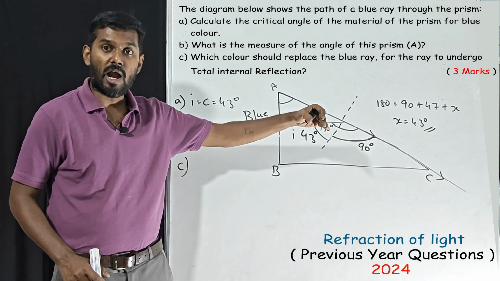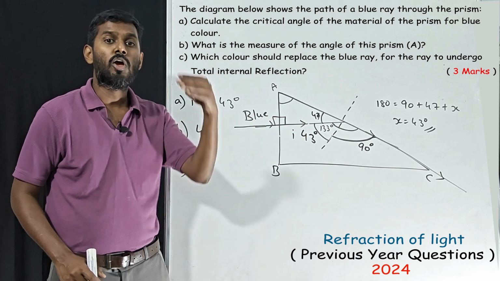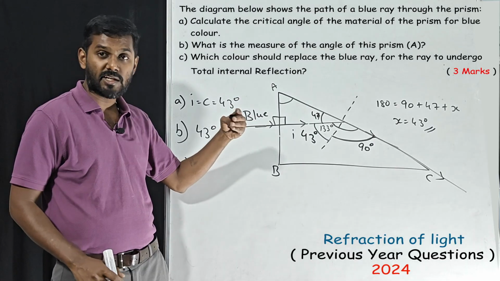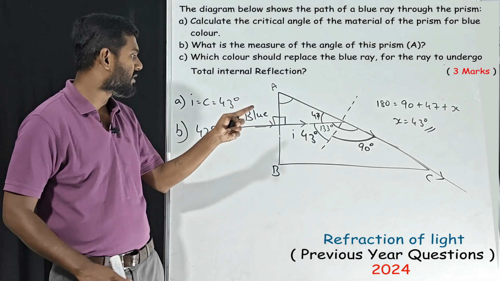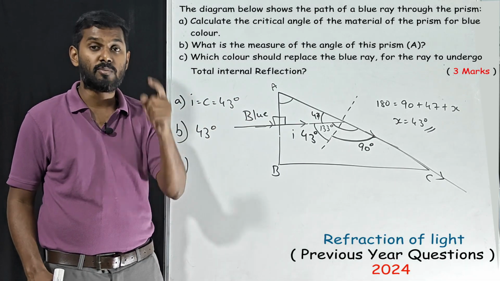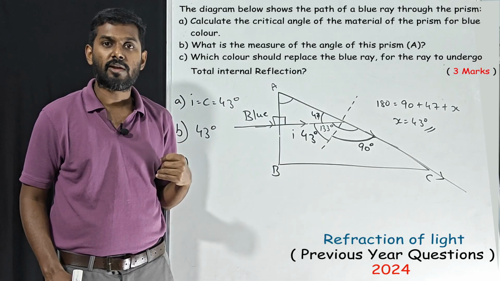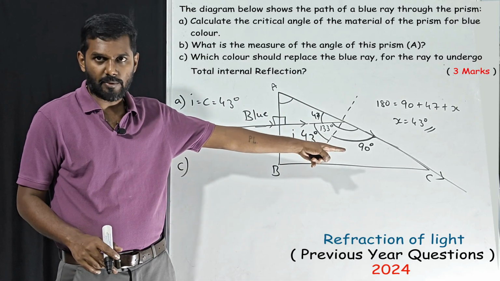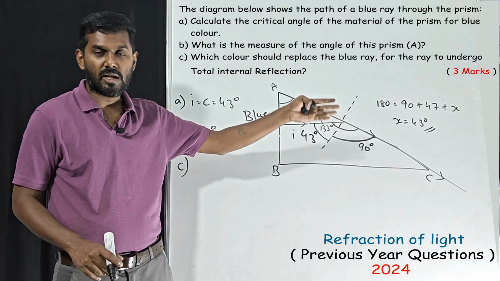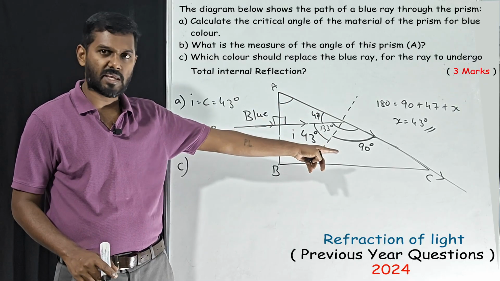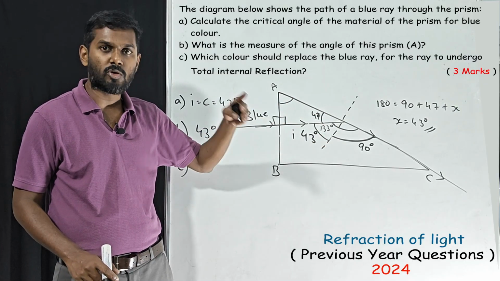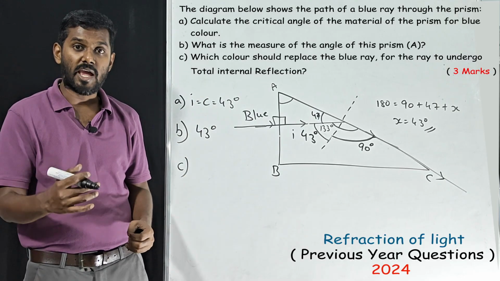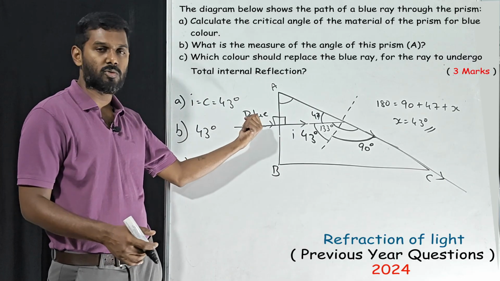In order to get total internal reflection, you should select the color which has lesser wavelength than blue. Keep this in mind. Blue is anyhow not getting total internal reflection in this case, correct? So in order to get total internal reflection, we have to select the color which has less wavelength than blue.